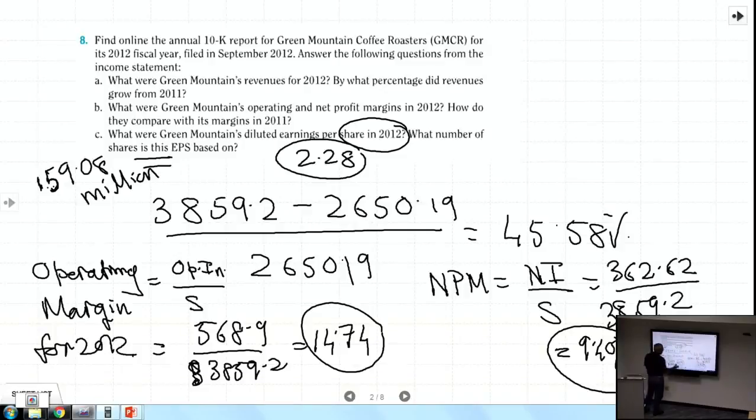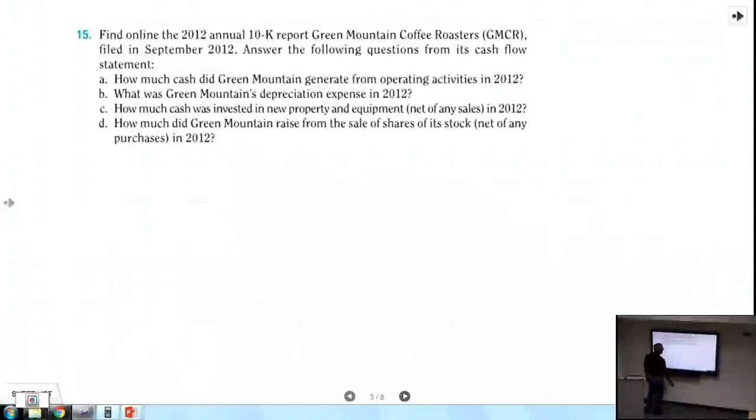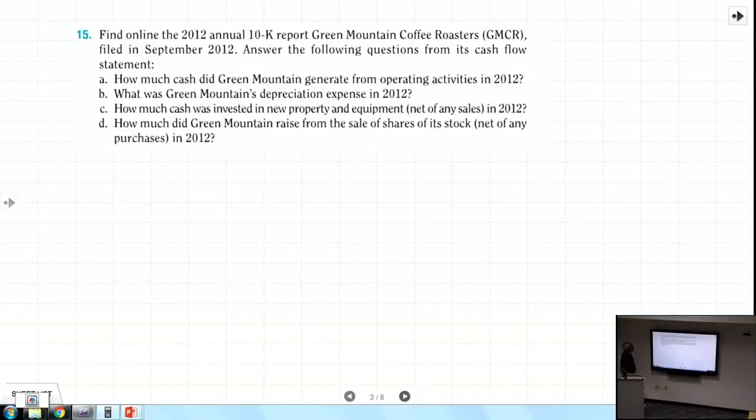Again, this is just getting to understand how to read these financial statements. Based on the same report, how much cash did Green Mountain generate from operating activities in 2012? So we're looking at question number 15 now, using the same GMCR report. Net cash from operating activities in 2012.